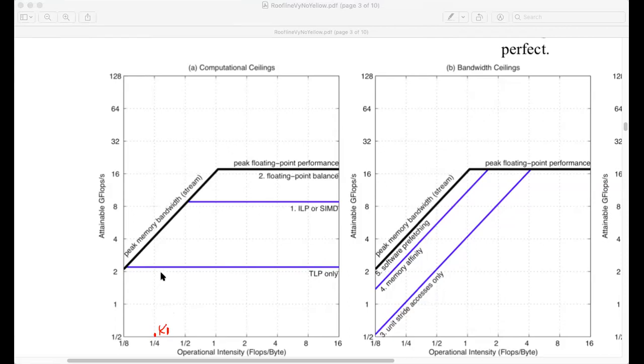So yeah, you felt good. You're all great. And then you realize, hey, why don't I use SIMD units? And once you use the SIMD units, the achievable gigaflops becomes this.